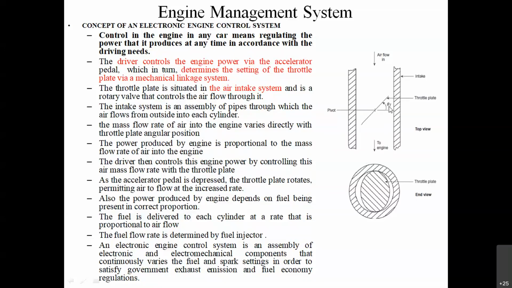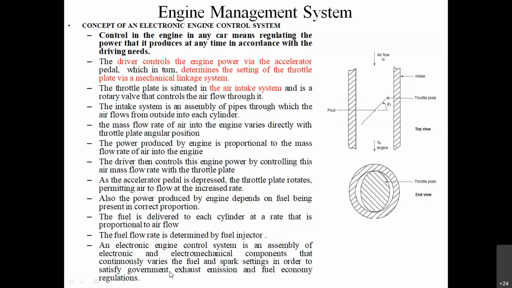Based on the volume of intake air, the proportional fuel will be added into the intake manifold, and this air-fuel mixture will be passed to the cylinder. This is how the fuel flow rate is determined based on the input air, and it is given using fuel injectors. That much fuel will be taken in, and your air-fuel mixture will be directed to the engine.